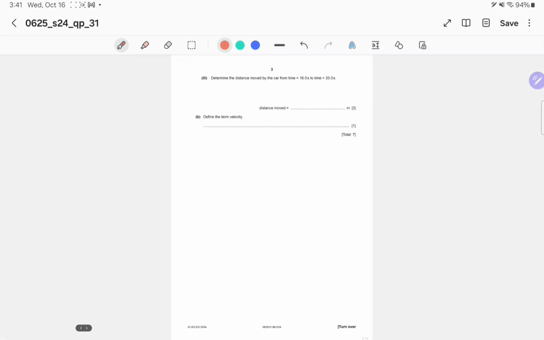Now I'll do the calculation at the bottom. Time is 20 seconds minus 16 seconds, which is 4 seconds. The speed starts from 20 meter per second and reduces to 0 meter per second.